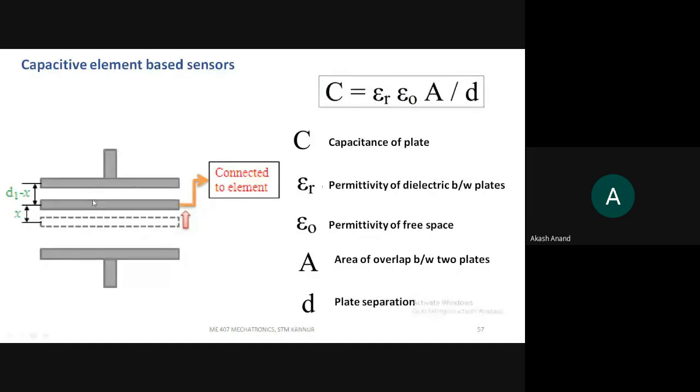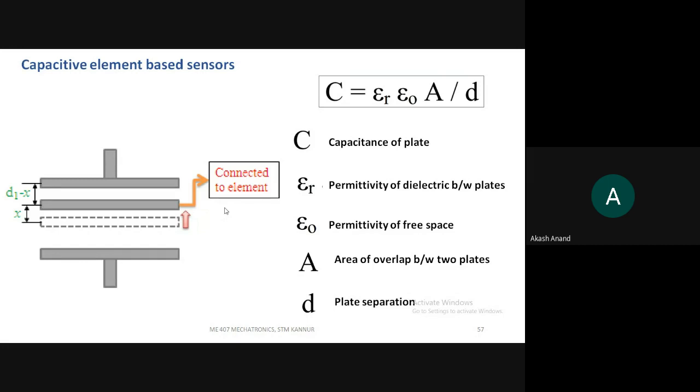Okay, the in-between space will be filled with the dielectric medium, so that you will get a variable capacitance. Okay, so I hope it is clear to you. So by varying the capacitance, you will get variable impedance, and by varying the impedance, you are actually getting variable voltage. So by calibrating that voltage with a measured parameter, you will get how much the parameter is changing.